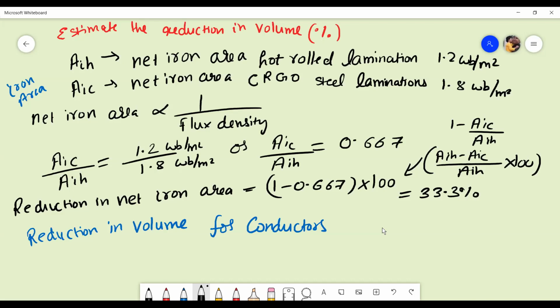So what you have to do here is find a relation between the two by a ratio, that AIC divided by AIH is equal to the ratio of these two flux densities.